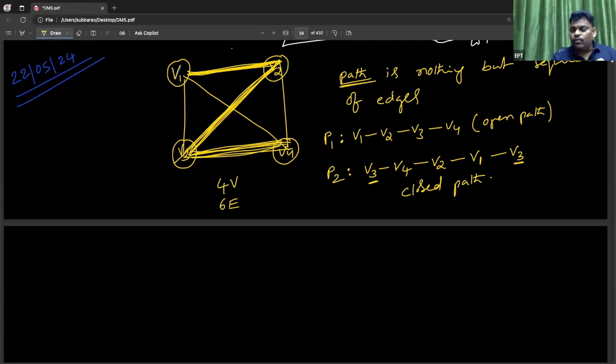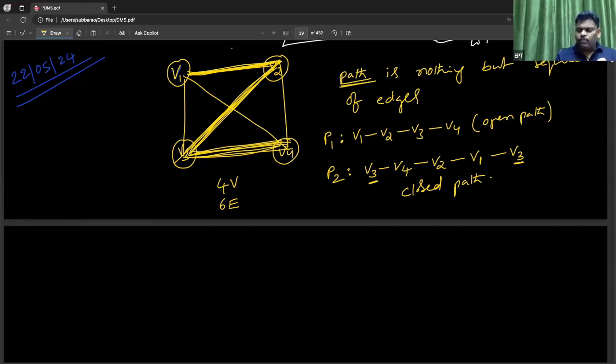Can you find a path in the given graph in such a way that every edge will be visited exactly once? In the given graph, can you find a path where every edge will be covered exactly once?